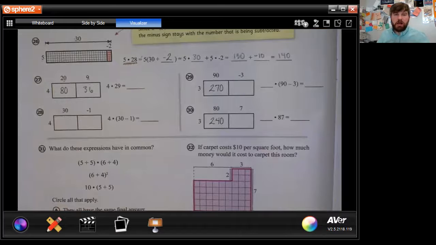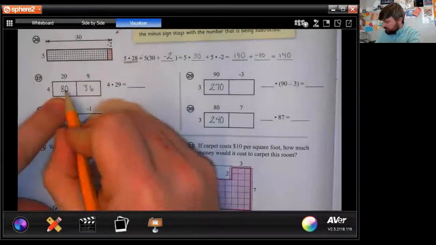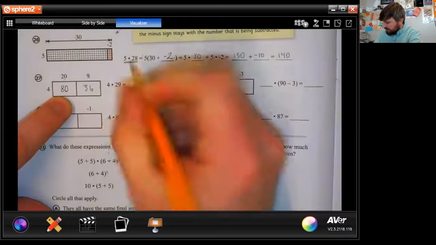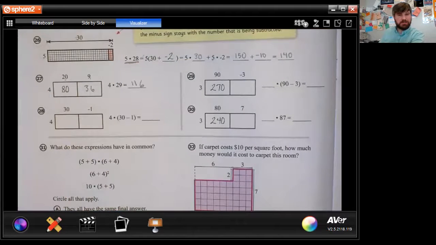And if you don't, I strongly encourage you to start looking at some multiplication tables and knowing those, or there are some simple tricks to some of the multiplication that I can share with you in class. Okay, so then we have 80 plus 36. 0 plus 6 is 6, 8 plus 3 is 11, so you get 116 there.